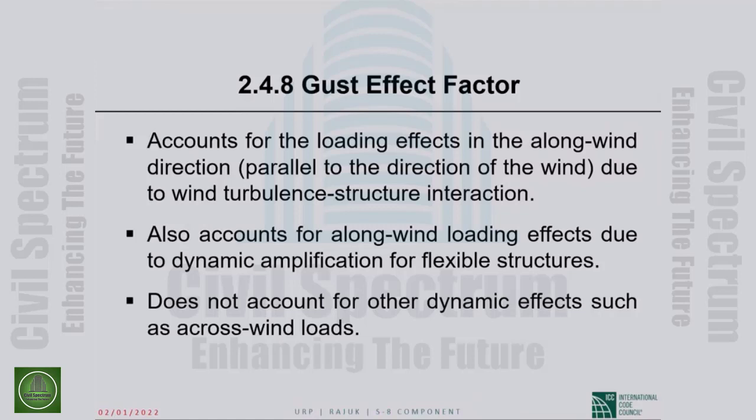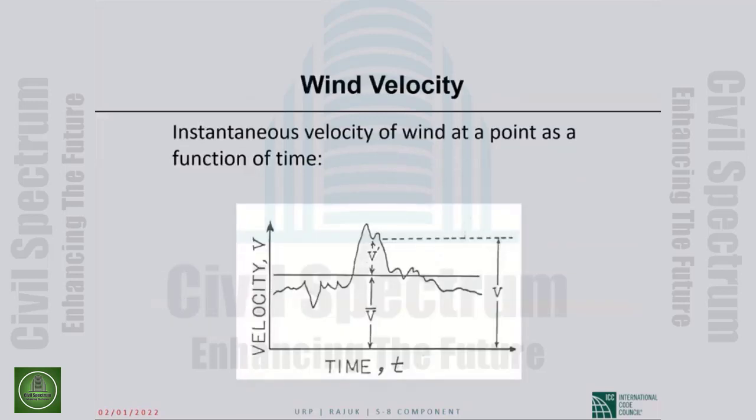We are accounting for wind turbulence structure interaction in the direction of wind. Also accounts for along wind loading effects due to dynamic amplification for flexible structures. As I say, flexible structures are more sensitive. The gust effect factor does not account for other dynamic effects such as across wind loads. Across wind effects are not accounted for through the gust effect factor.